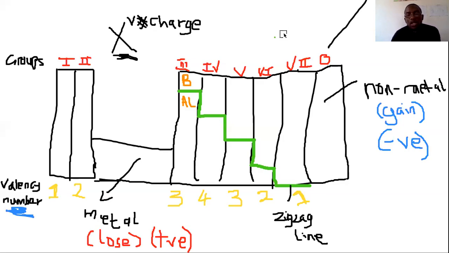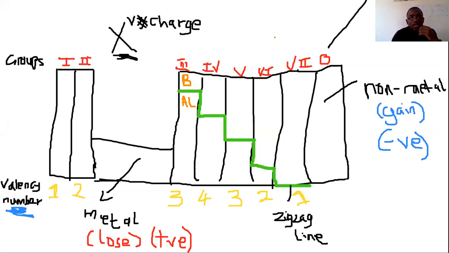When it comes to the writing of ionic formulas or ionic symbols, it is very important for us to know the periodic table, because we rely so much on the periodic table, as it gives us all the information that we need. So we have to take note of the valence numbers of the respective elements, and then we'll begin to write.